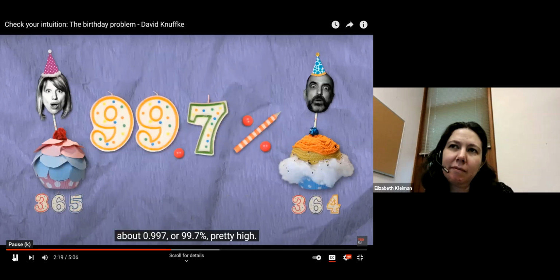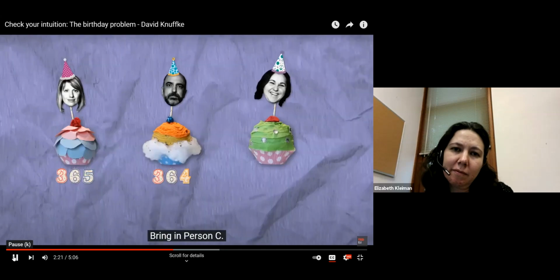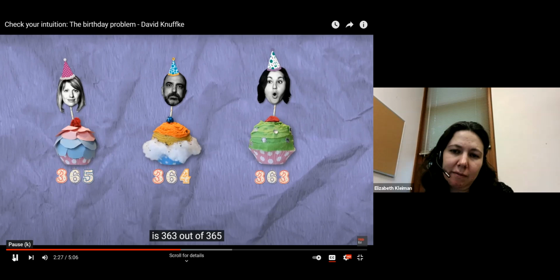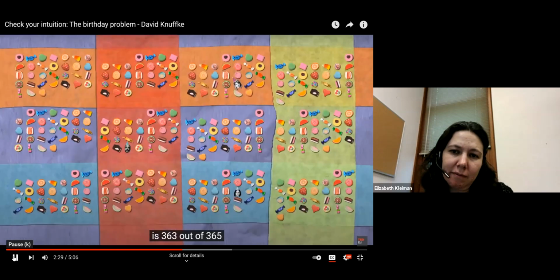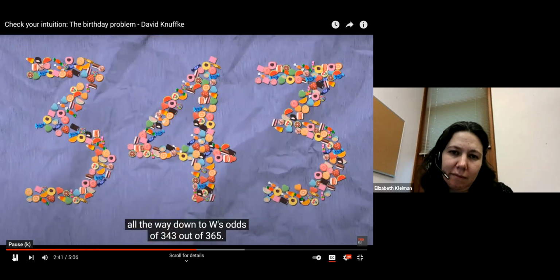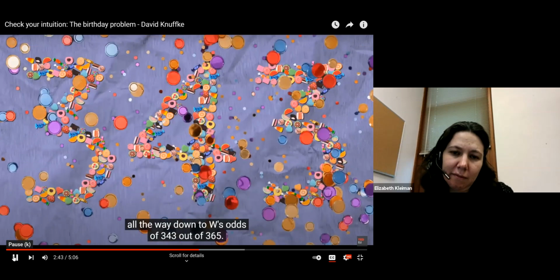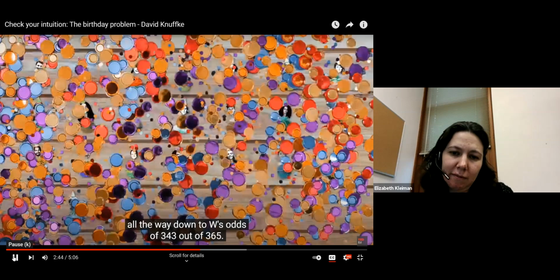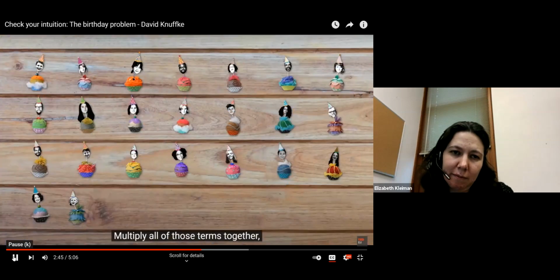Bring in person C. The probability that she has a unique birthday in this small group is 363 out of 365, because there are two birth dates already accounted for by A and B. D's odds will be 362 out of 365, and so on, all the way down to W's odds of 343 out of 365. Multiply all of those terms together, and you'll get the probability that no one shares a birthday.